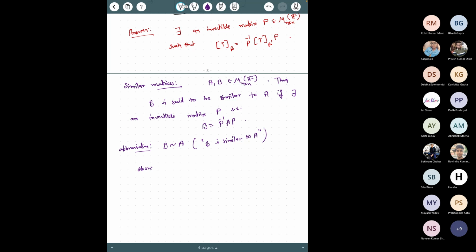Equivalence means it is reflexive, symmetric, and also transitive. So this is an equivalence relation on the set of n cross n matrices over the same field.